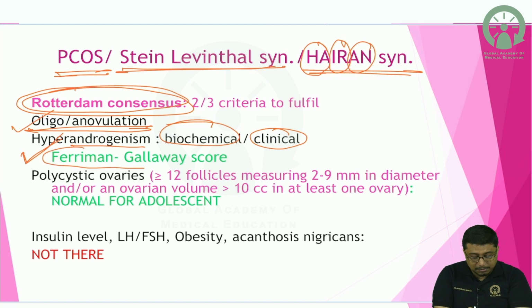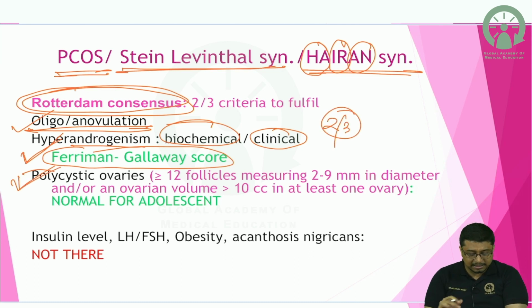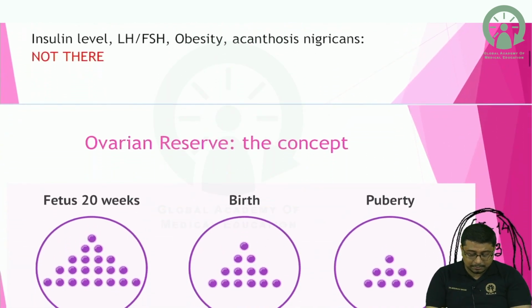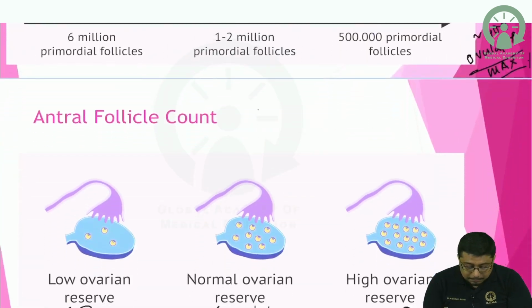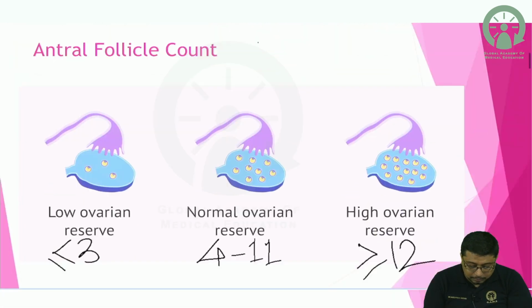Clinical is by the Ferriman-Gallwey score, and there should be polycystic ovaries. So at least 2 out of 3 should be present, and if she is an adolescent, all 3 have to be present, right? So let us not go into the concept building at this point of time.